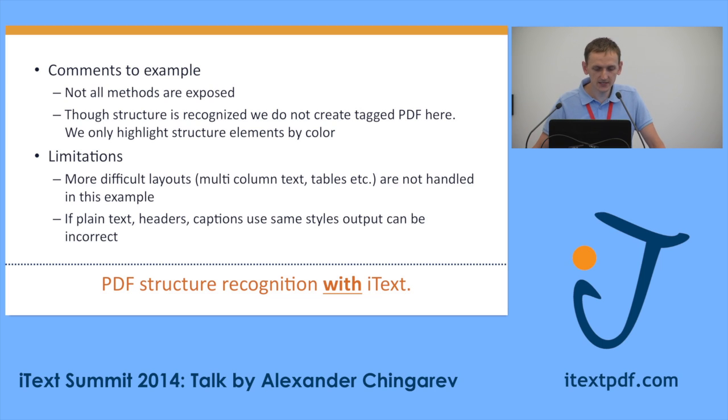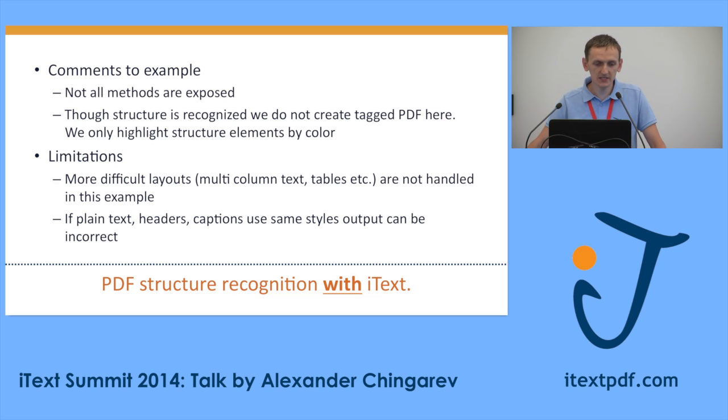The structure is recognized, but we do not create a tagged PDF. Here we only highlight elements by structure, by color. This is done to make the presentation more visual. To create a tag structure, you just need to replace the highlight method with, for example, your self-implemented create tags method.